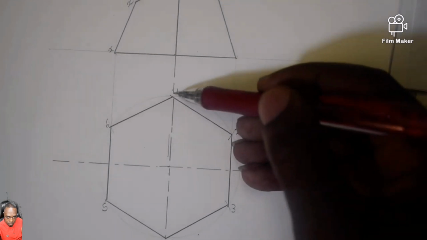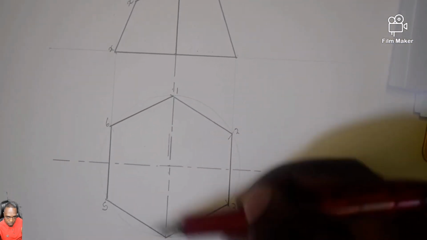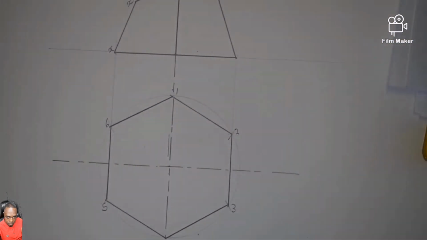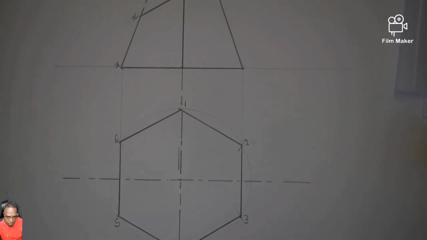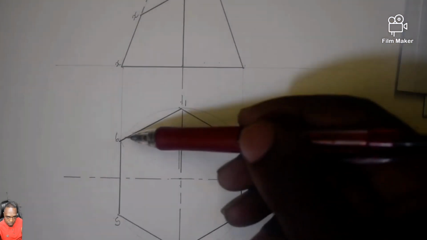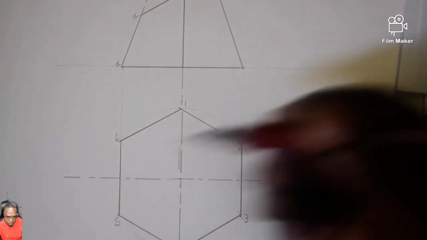Decided to number 1 here, 2, 3, 4, 5, 6, thereby my top view, you understand? So I've decided to name them like that. You can even name them anti-clockwise, it's up to you. You can put your 1 here, you can put your 1 there, as long as your numbering is consistent.